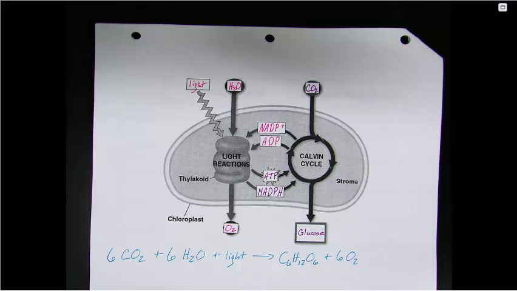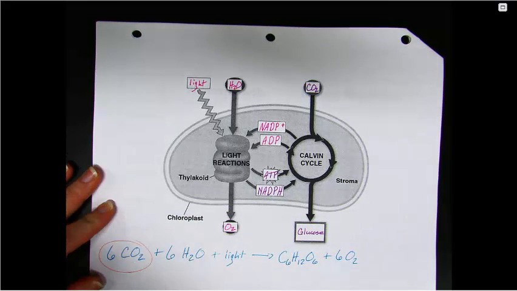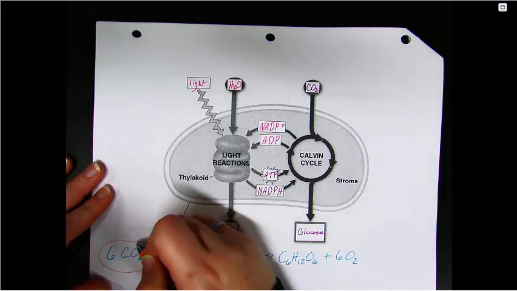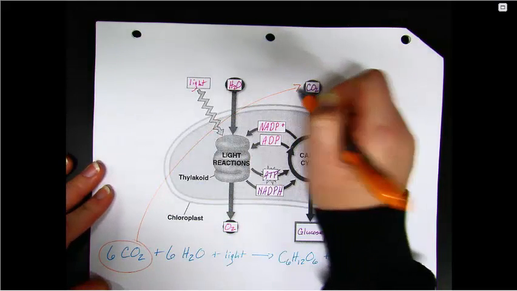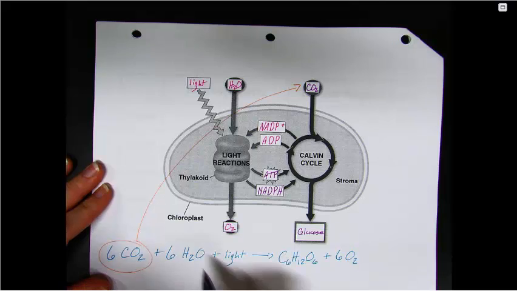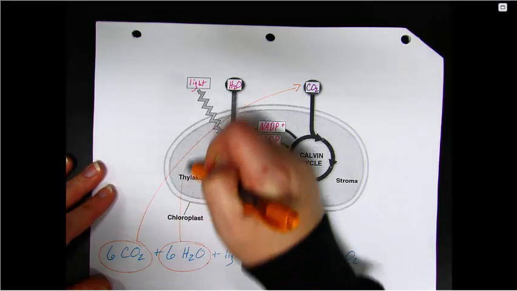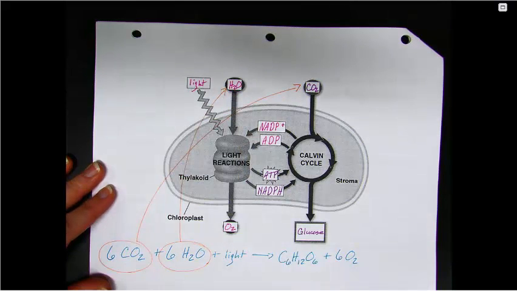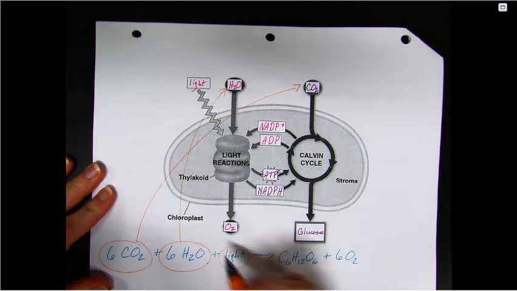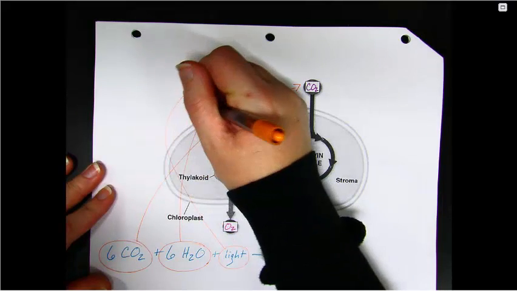So let's look at our overall equation and make sure we have accounted for everything. So we started with 6 molecules of carbon dioxide. Those were put in the second step. Our 6 molecules of water, those were added to the first step, and our sunlight was added to the first step.